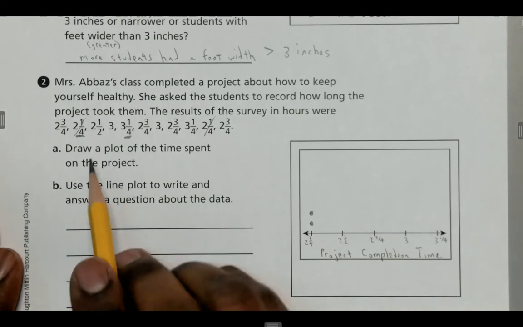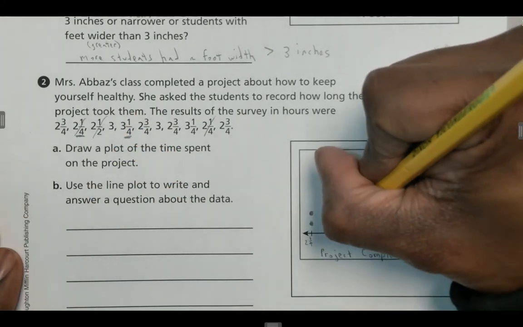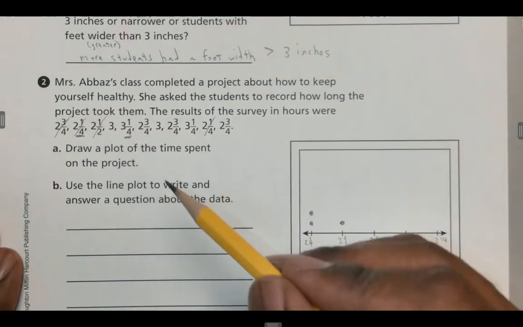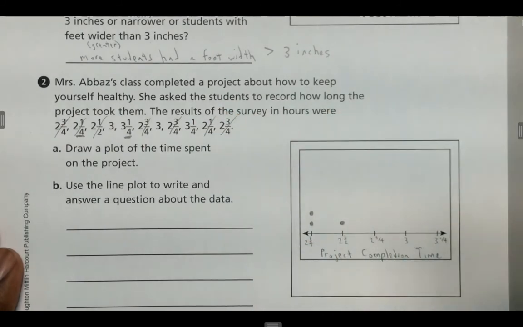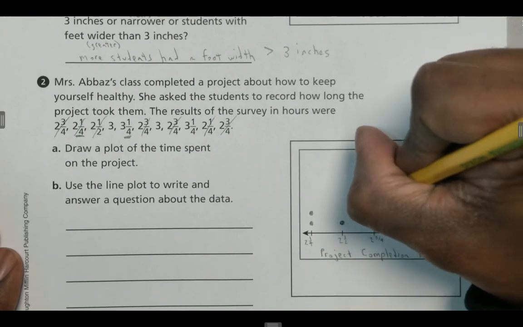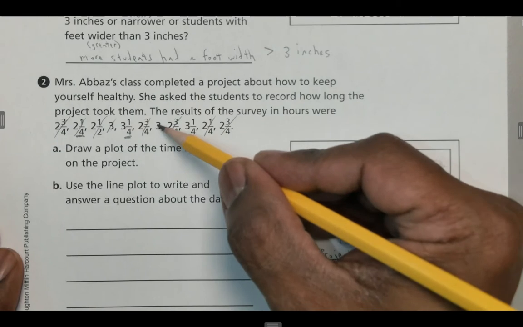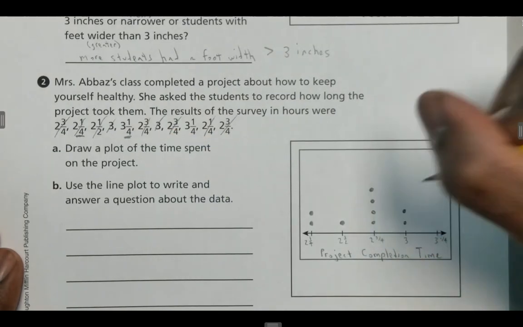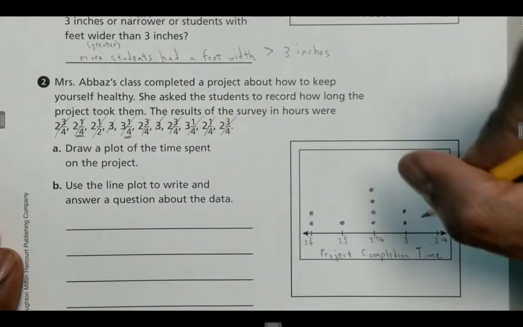Next is 2 1/2. 2 3/4. Counted 4. 3. And 3 1/4. 2.